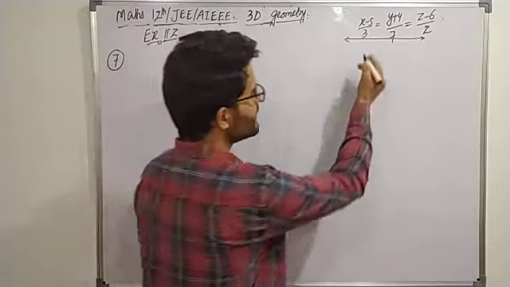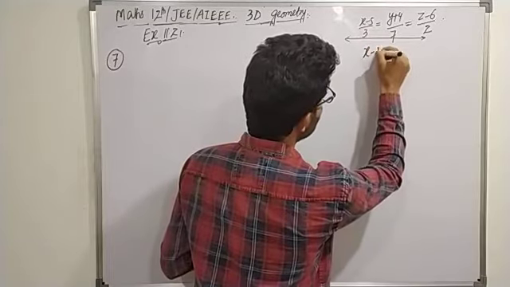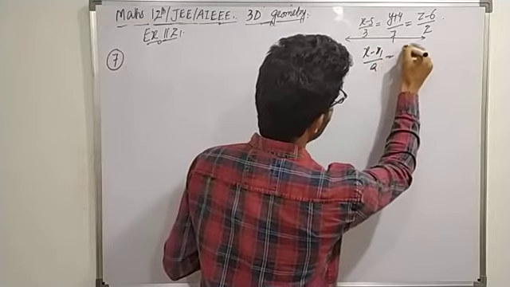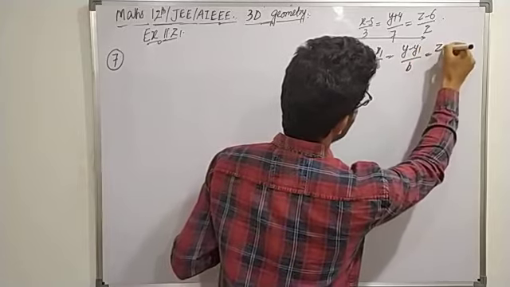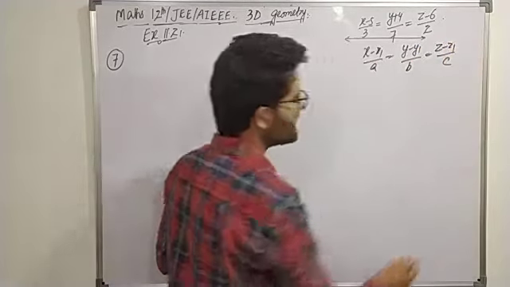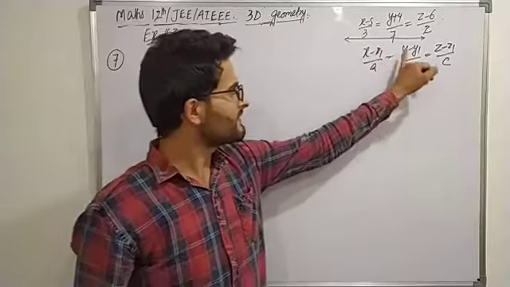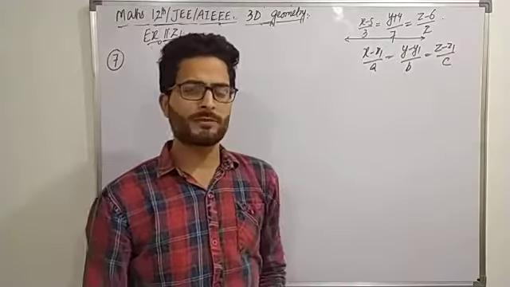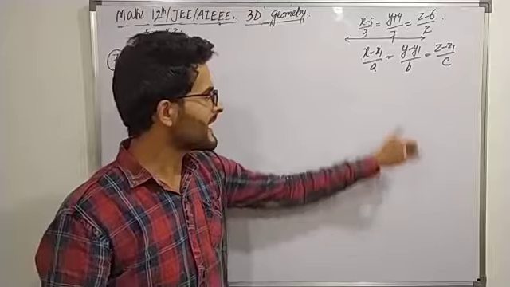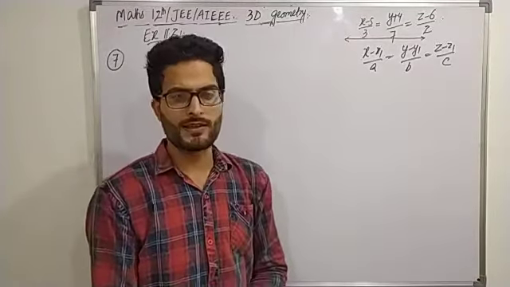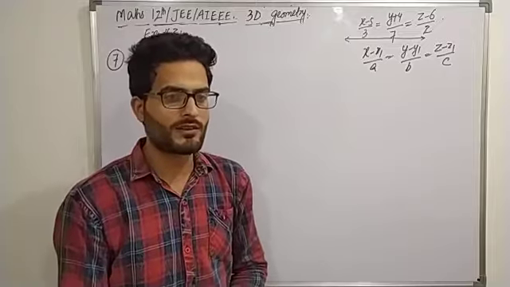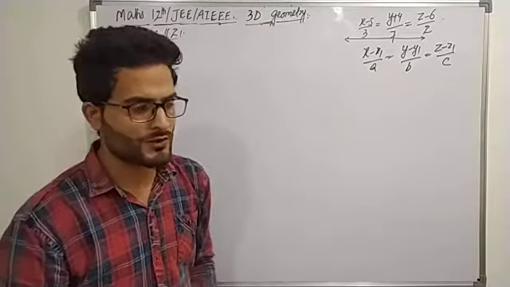So since this equation is of the form x minus x1 divided by a is equal to y minus y1 divided by b, and that's equal to z minus z1 divided by c, where x1, y1, z1 are the coordinates of the given point through which the line passes, and a, b, c are the direction ratios of that vector which is parallel to the line.